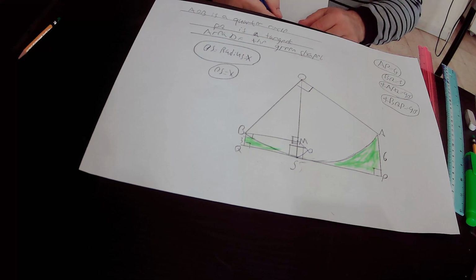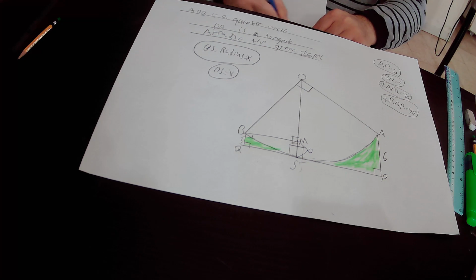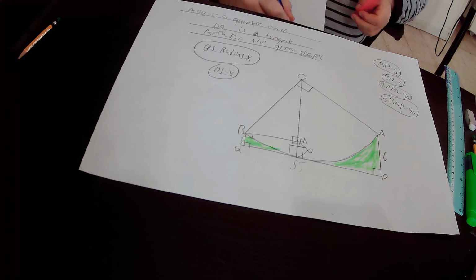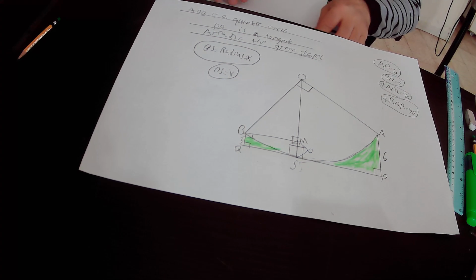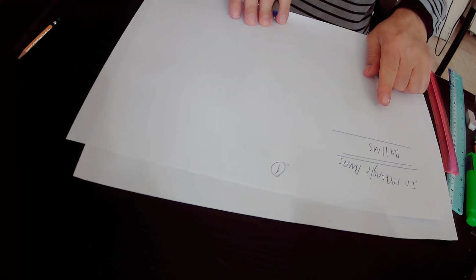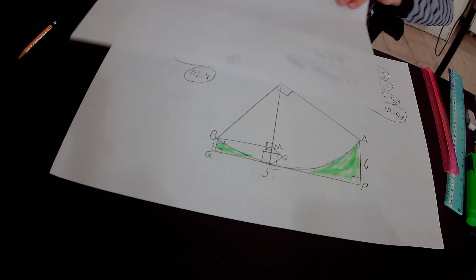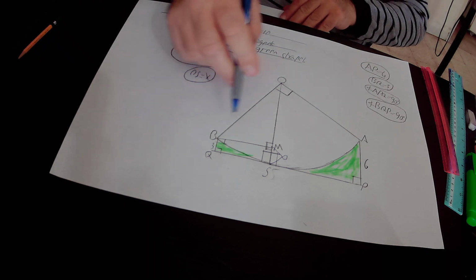In the small rectangle BMSQ, side BQ is parallel to the opposite side MS. So BQ is parallel to MS.